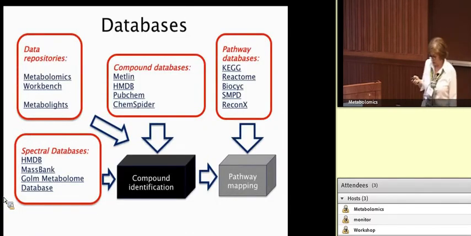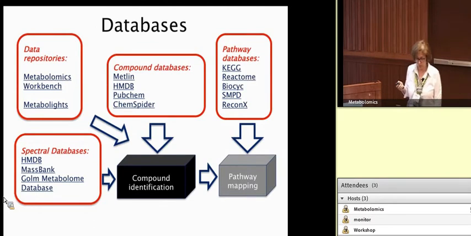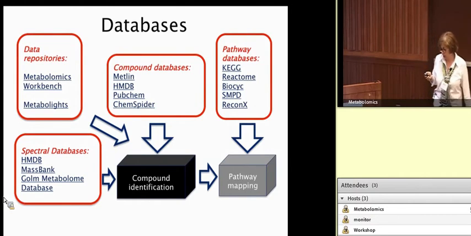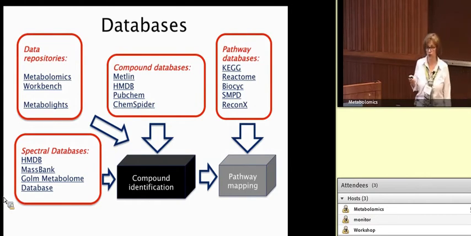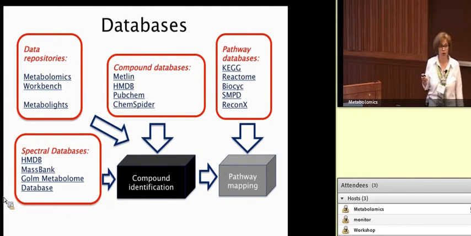Okay, and so there are lots of databases, including pathway databases, out there, and any Google search will return a lot of information. A number of different databases were also mentioned here. This is meant to help you get oriented within this database world that is out there.